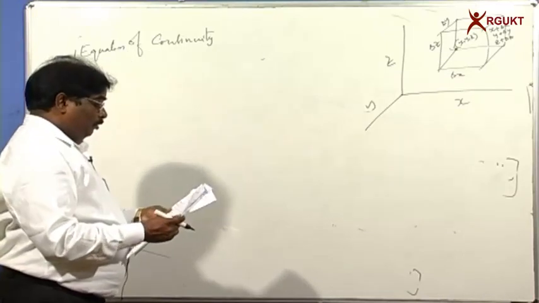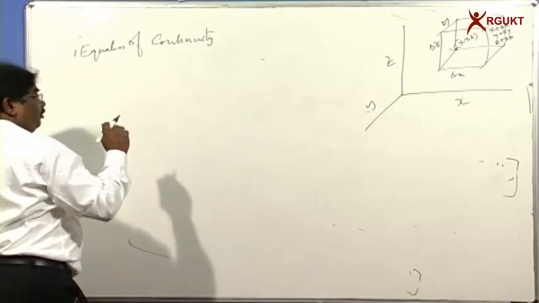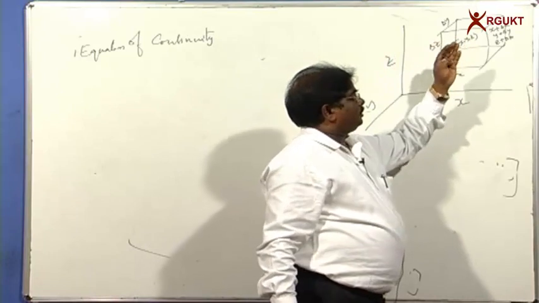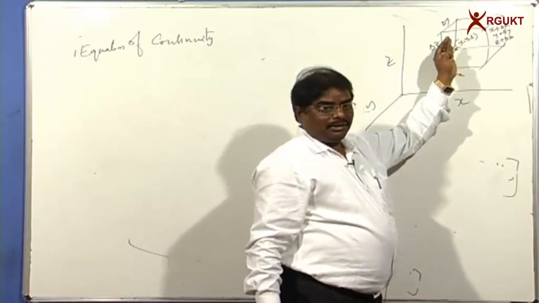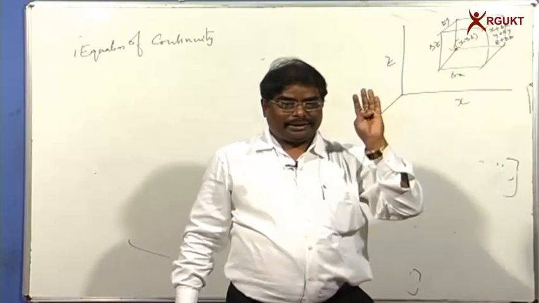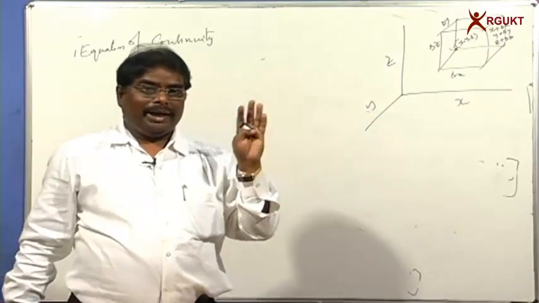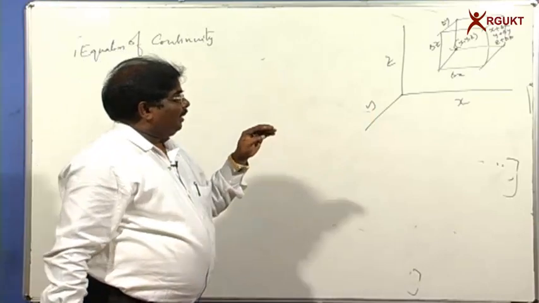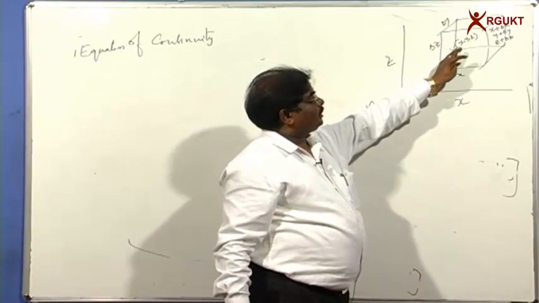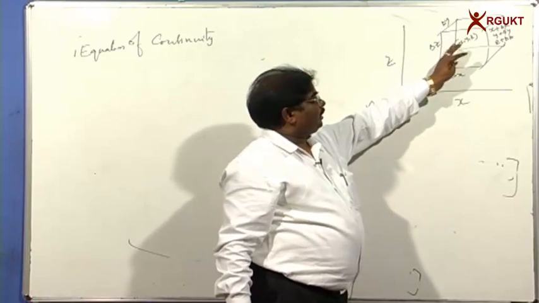Now mass is entering from all three directions, the x direction as well as the y and z directions, and similarly the mass is going to leave in the x, y and z directions. At the same time, when mass enters and leaves, if the system is in unsteady state, there is an accumulation of mass within the cube.